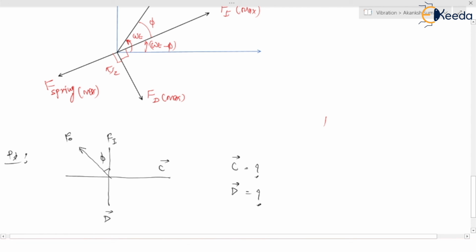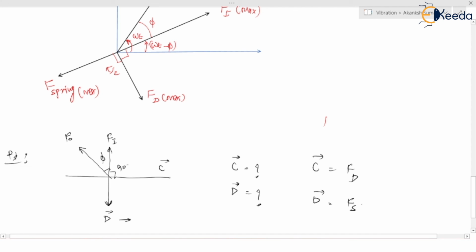So this line represents the inertia force. And we all know that the inertia force and the damping force have a 90-degree difference in angle. Okay, and we know that the spring force is opposite to that, that means at a 180-degree angle. That means this represents the spring force. So C represents the damping force and D represents the spring force.